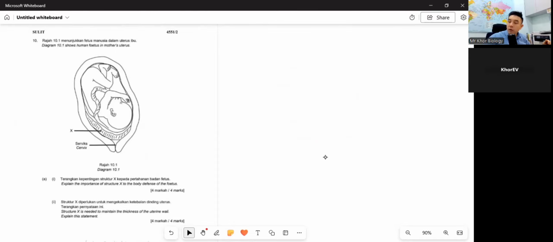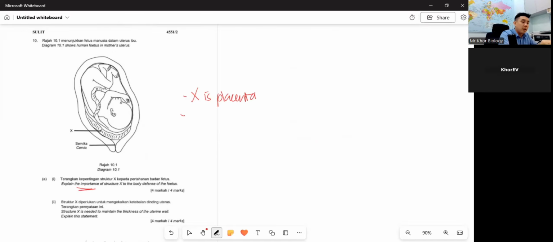We are looking at Form 4 chapter 15. Importance of structure X. The moment you label X as placenta, you should get 1 mark here. In terms of this one, maybe you don't get marks because they use the word importance. But never mind, we can give 4 points.